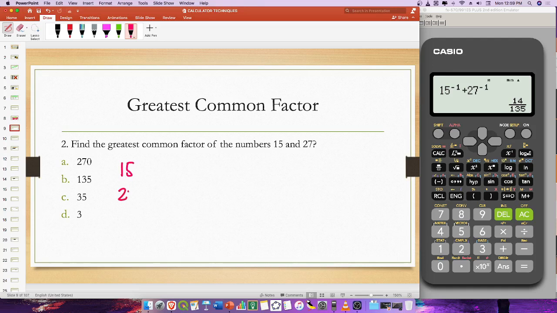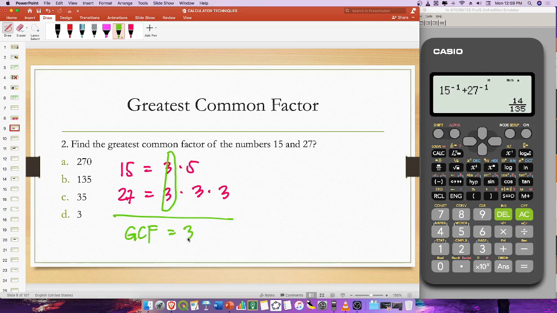Write down the numbers, their factors, and then look for the numbers common to both. In that case, 3 is your greatest common factor. This number is common to both 15 and 27.